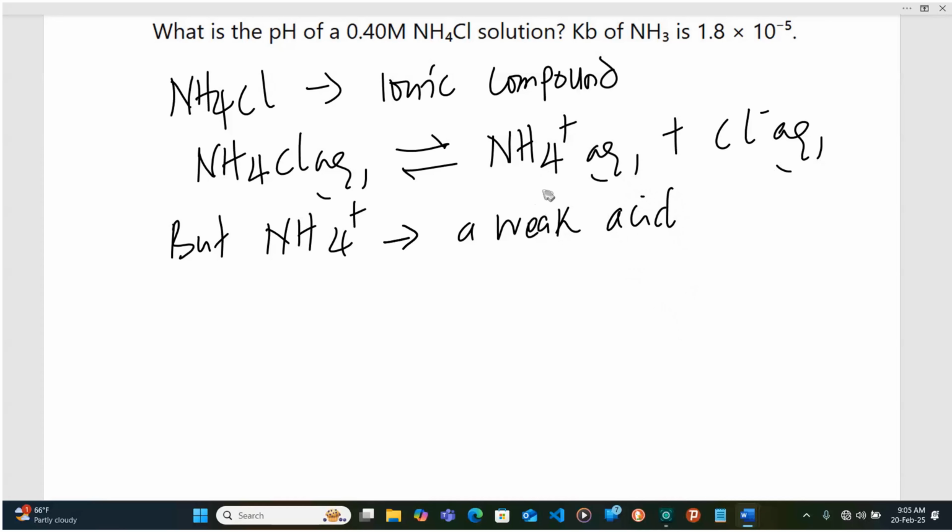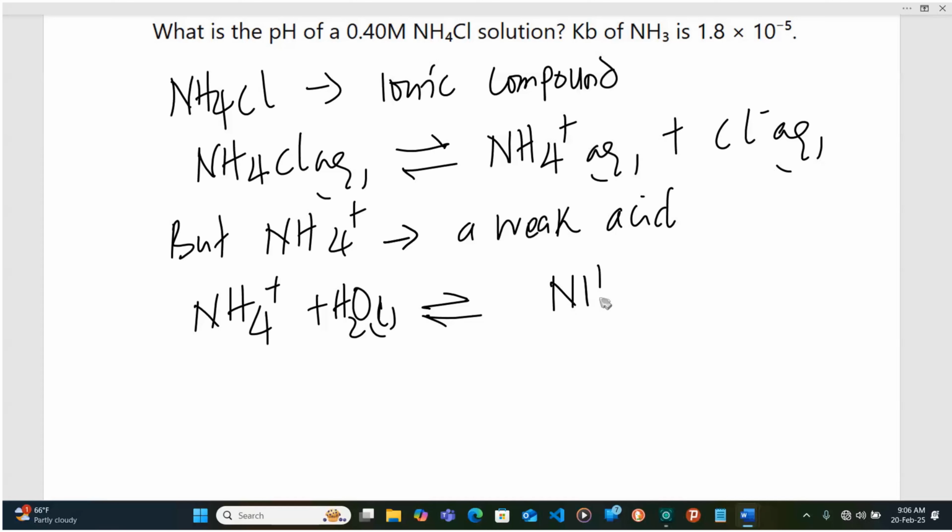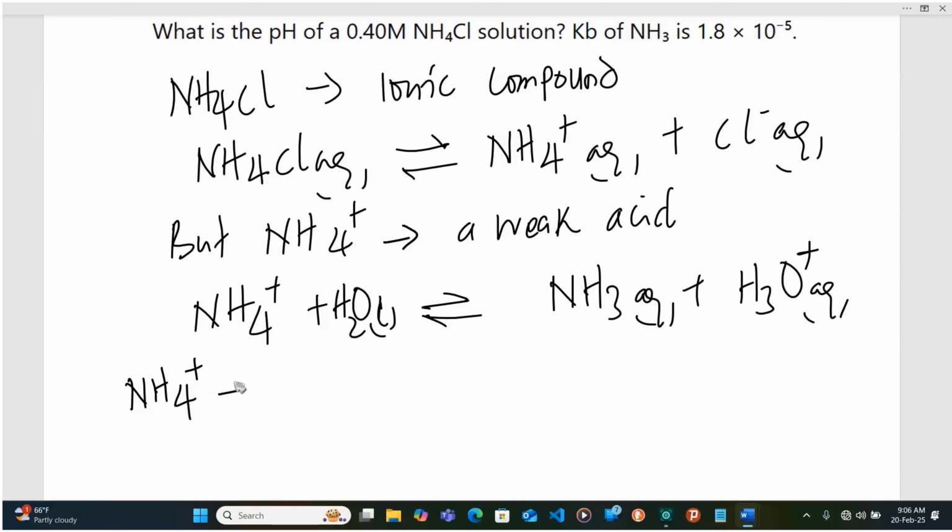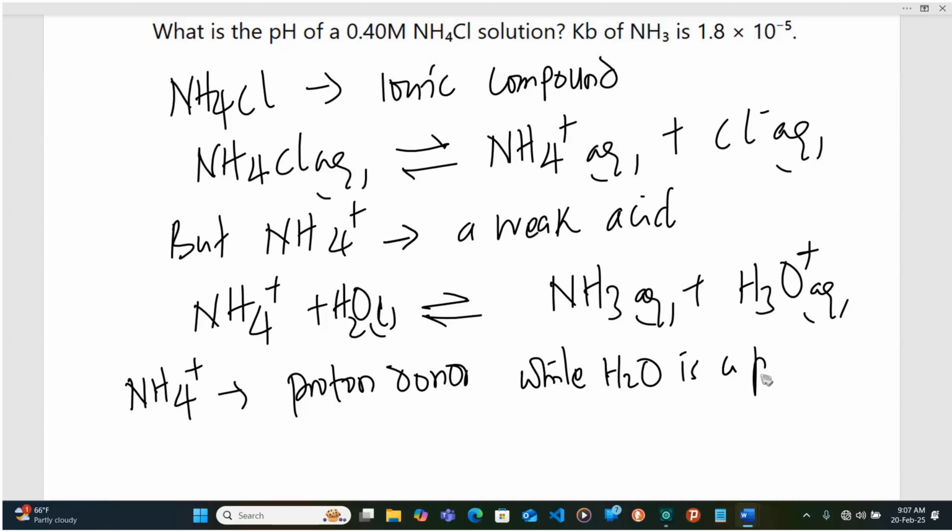So it is going to further dissociate in water to form ammonia solution and hydronium ions. So what we are doing here, we have to know that this ammonium ion is a proton donor, while water is a proton acceptor. So water accepts this proton and forms hydronium ions. Then the ammonium releases its proton to form ammonia solution.